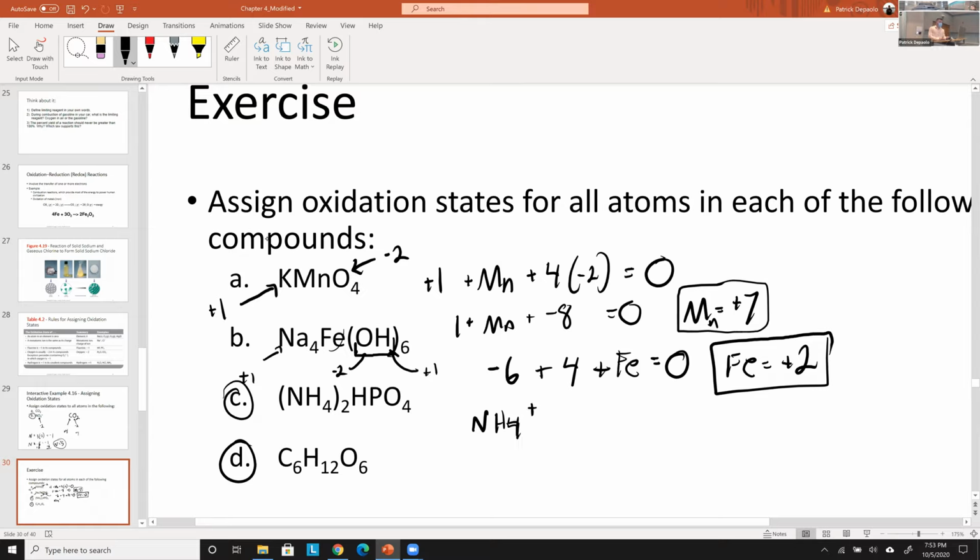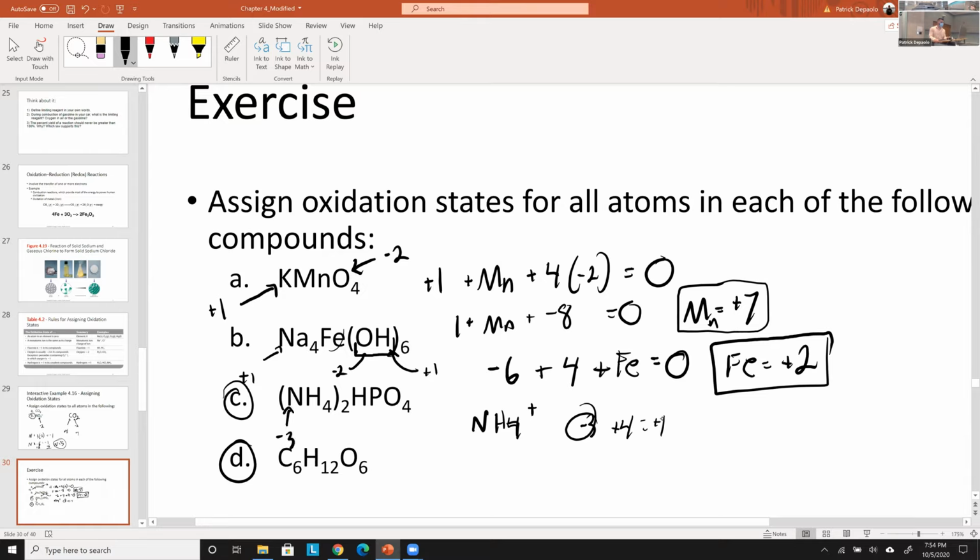So if hydrogen is +1, then nitrogen has to be 1 less than 4, so it has to be 3. Since -3 + 4 equals +1 as the total charge of ammonium, nitrogen has to be -3.